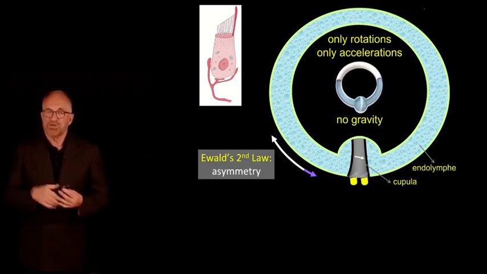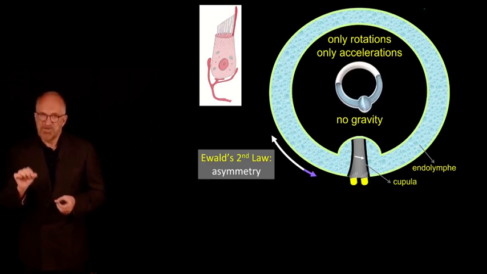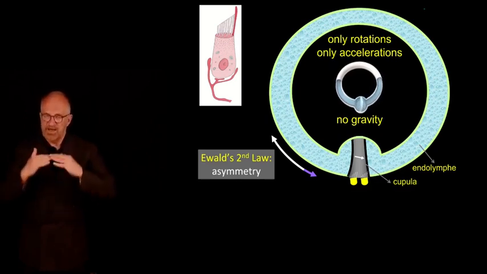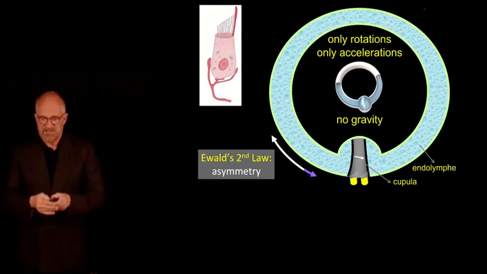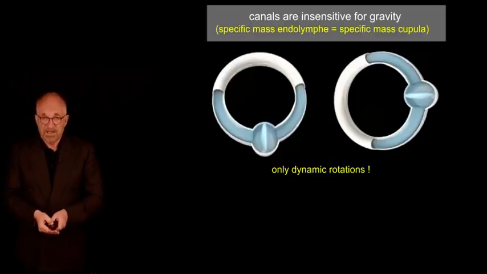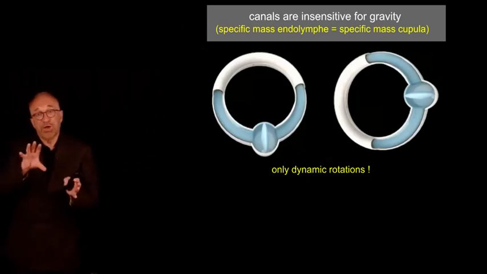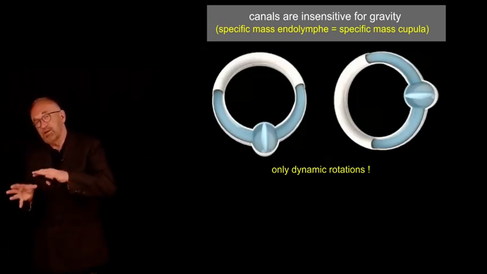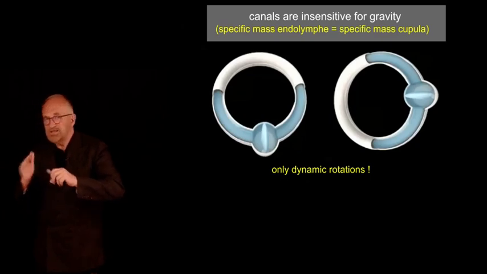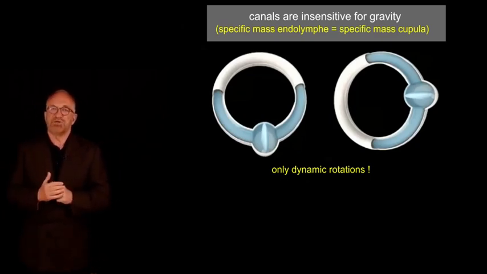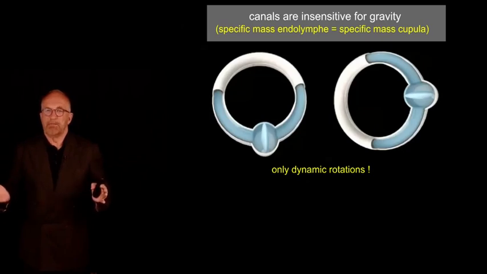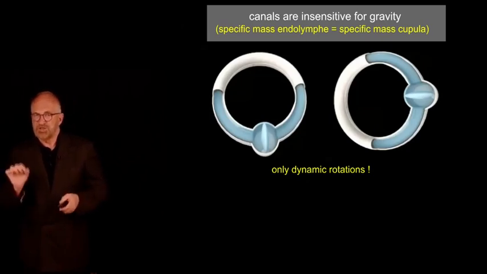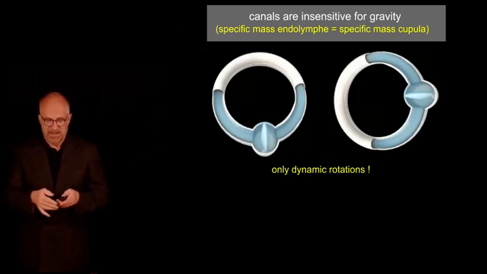That is because the specific density, mass density of the endolymph is exactly the same as that of the cupula. That is what you observe when you slowly rotate a canal. Then the cupula is not changed in position due to gravity. On the left and the right side, the position of the cupula in the ampulla is exactly the same.